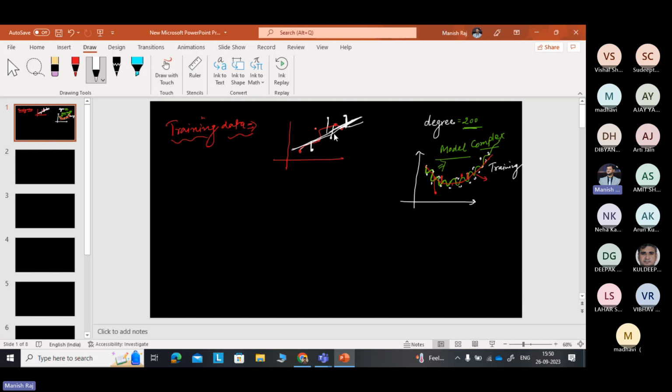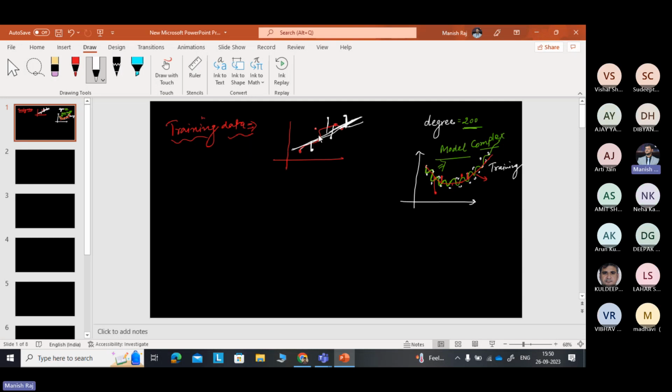With a real data set you will find this picture. This is the overfitting part. Overfitting means every training data point is participating to capture the model.